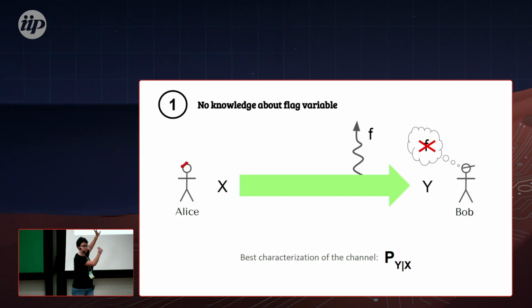Of course, to obtain this characterization, they need to do some rounds of communication, and then Alice needs to tell Bob via a perfect channel what the value of x was in those rounds. But the important thing is that they make this characterization to later see if they can use the green channel to communicate or not.